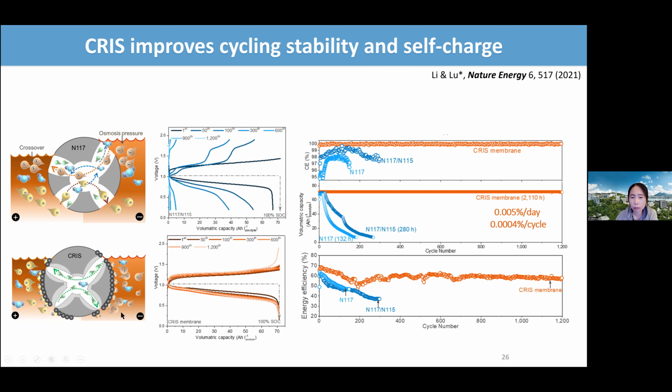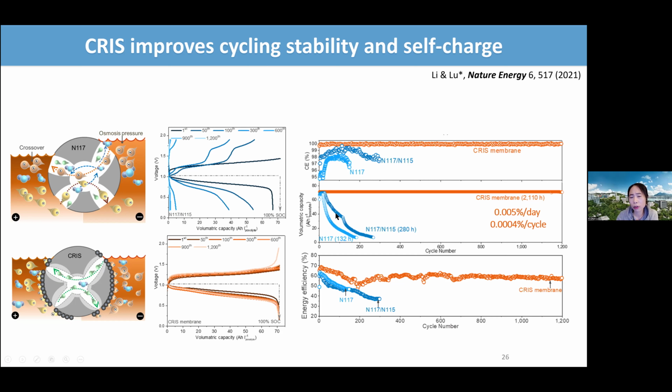So with this membrane modification, you can immediately see a huge change in the charge-discharge profile. And again, this is really operating at 100% SOC, looking at very deep DOD. And with this type of test, we can cycle this polysulfide flow cell for more than 3 months without degradation.